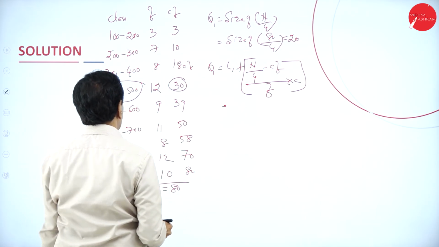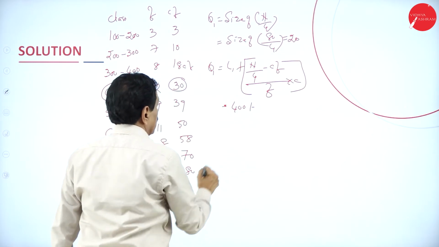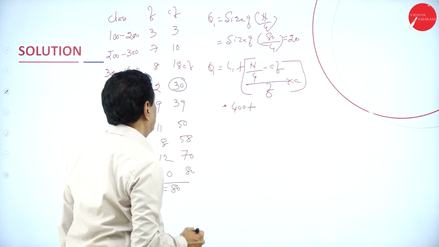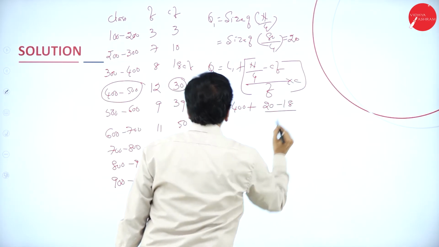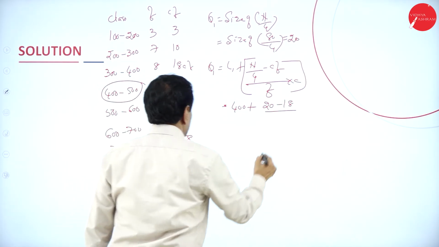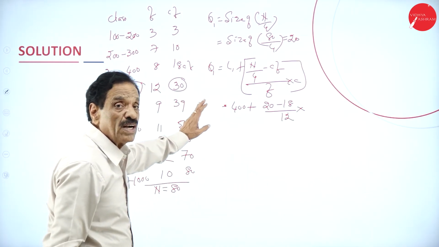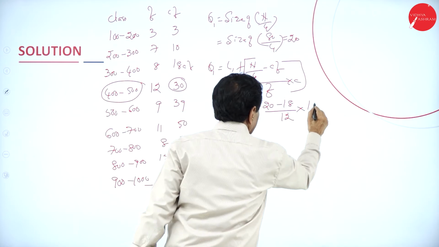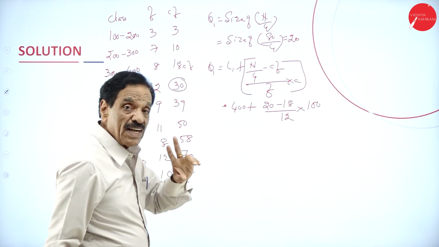Your range is 400 to 500. 400 plus N by 4, which is 20, minus the previous CF of 18, divided by the frequency 12, into the class interval 100. 100 to 200 is 100.